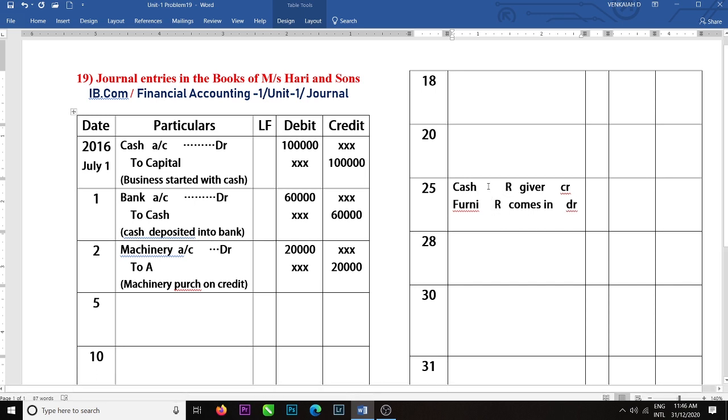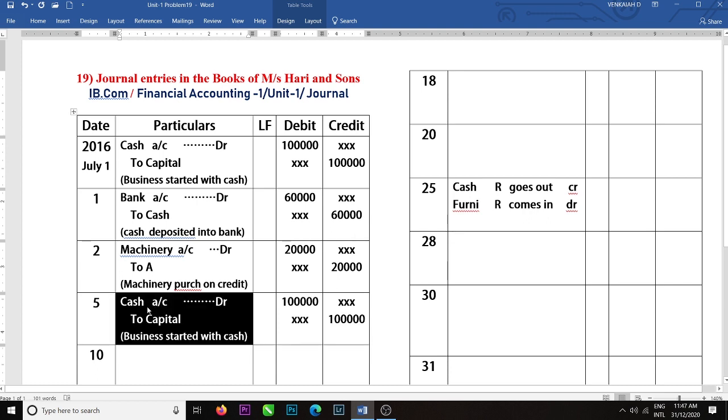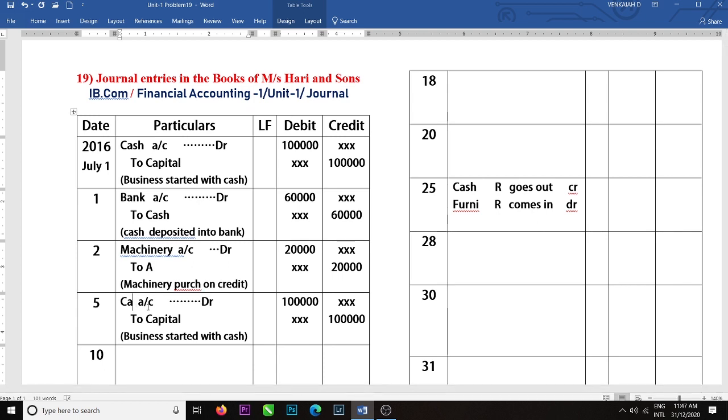Furniture is coming in, so debit, and cash is going out, so credit. The entry will be furniture account debit to cash account.